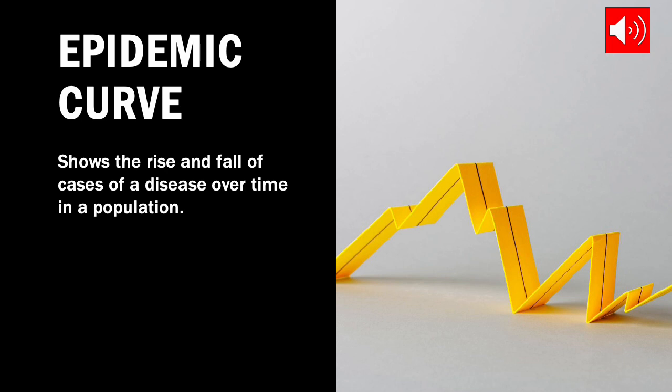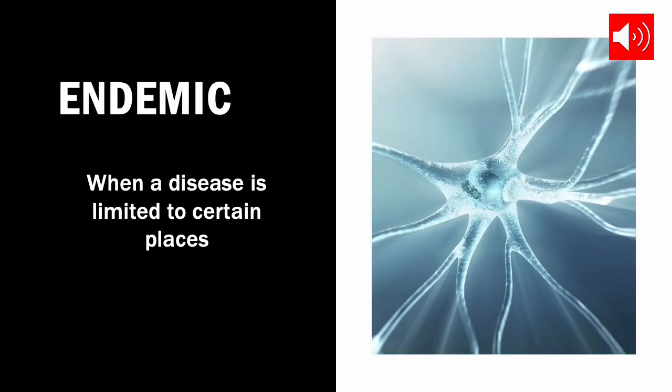A lot of times on national news stations, they would show it nationwide. Obviously you can break it down to states and cities and things like that. An endemic is when a disease is limited to certain places. So for instance, TB is not endemic in the United States, but it is endemic in other countries.